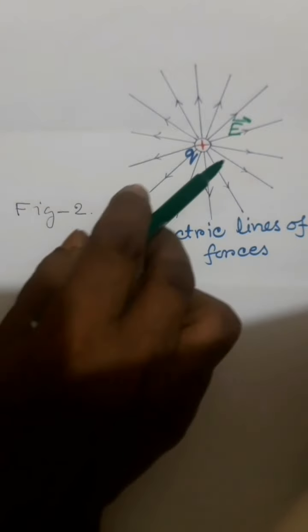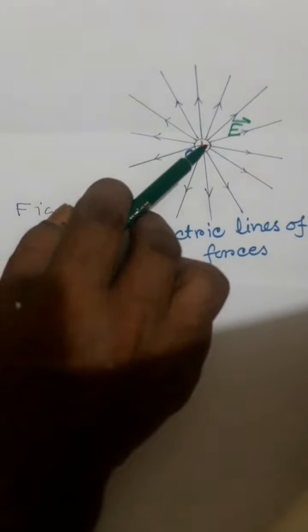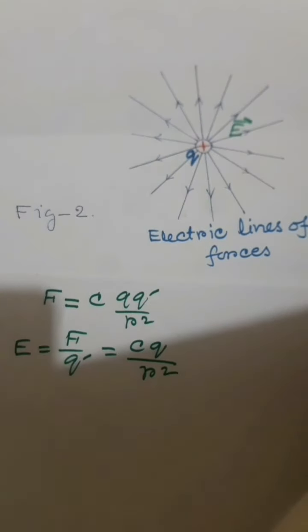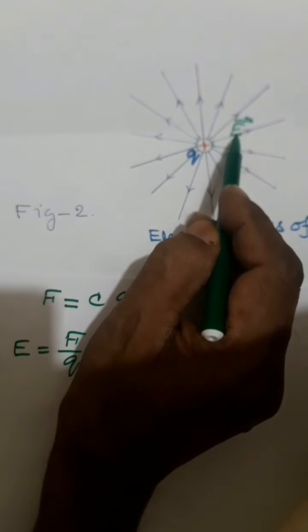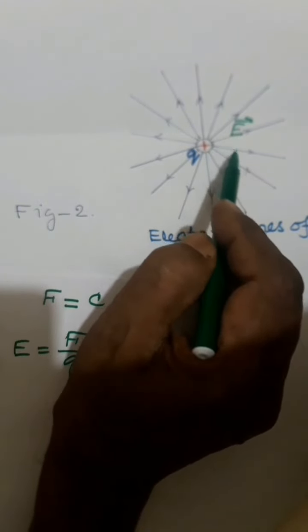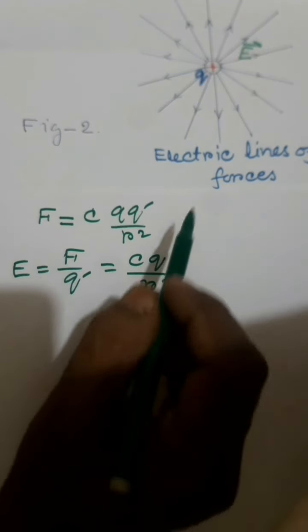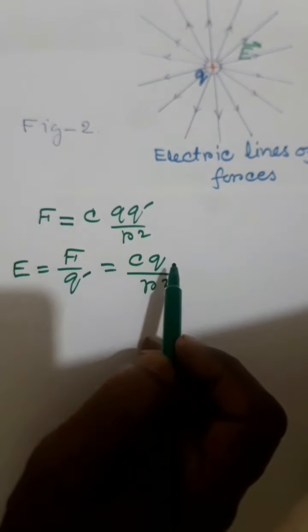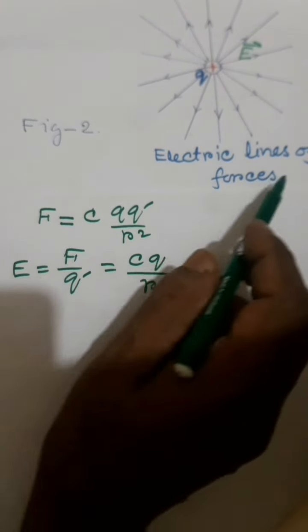These are the straight lines diverging from the charge Q. The electric field E is stronger where the electric lines of forces are dense. E is directly related to the surface density of electric lines of forces.